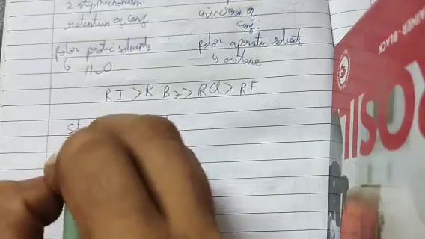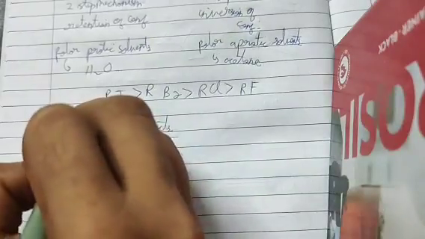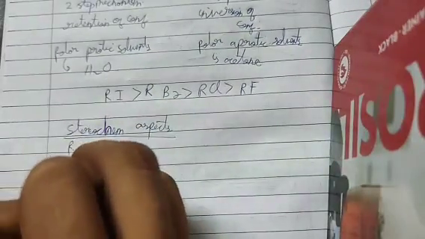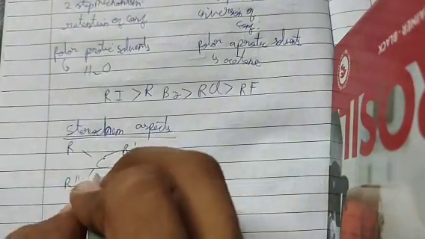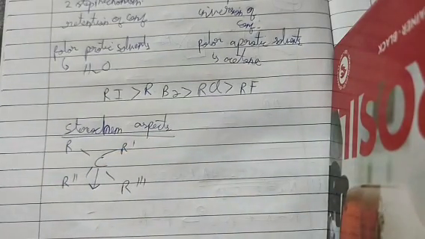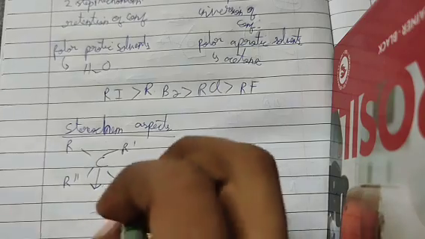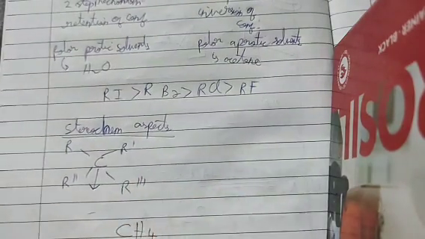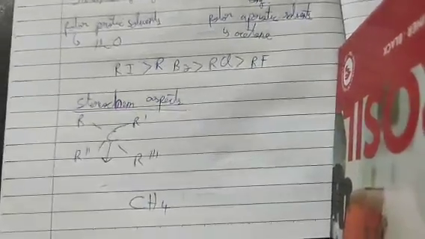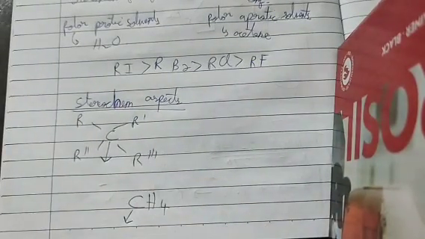For example, if you have a carbon attached to 4 different groups, suppose R dash, R double dash and R triple dash, this is basically known as a chiral carbon atom or an asymmetric carbon atom. If this carbon atom was attached to the same atoms, then this carbon atom is known as an achiral carbon atom or symmetric carbon atom.